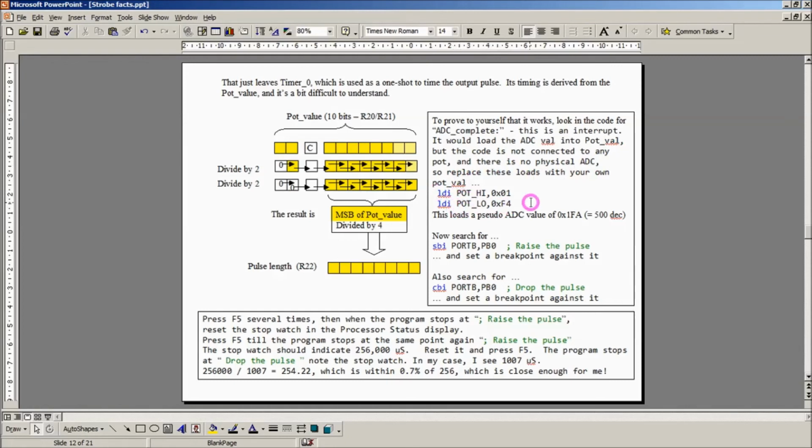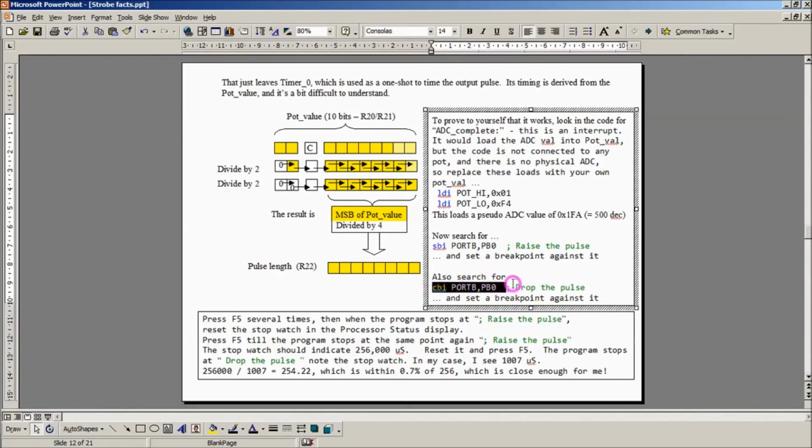I've given a couple of suggestions here, 01 Fox4, which gives a value of 500 decimal. Now search for SBI port B0, PB0, and set a breakpoint against it, and also search for this and set a breakpoint against that, and then just follow the method and you will find that it works.